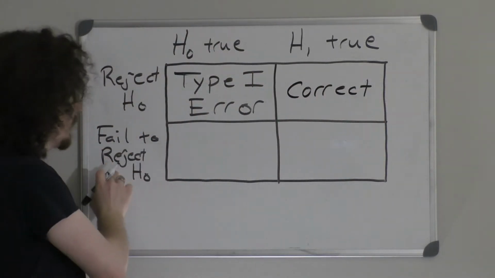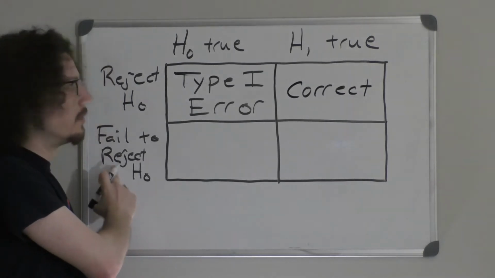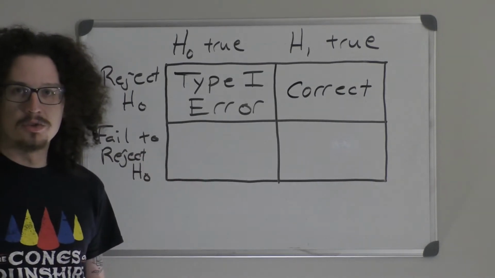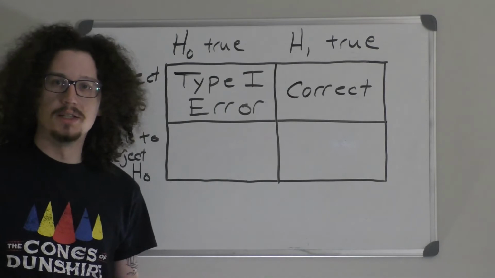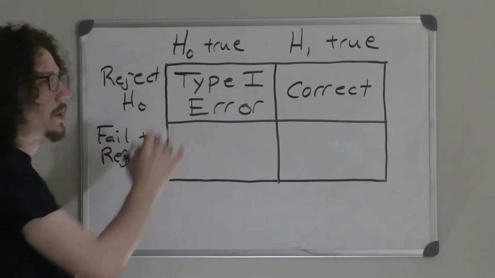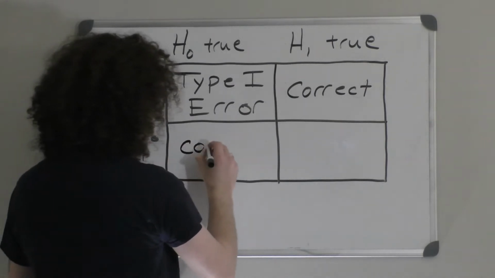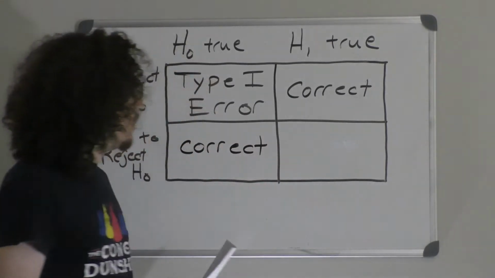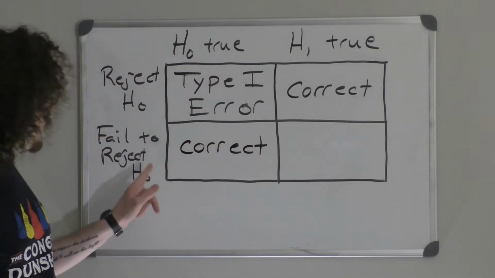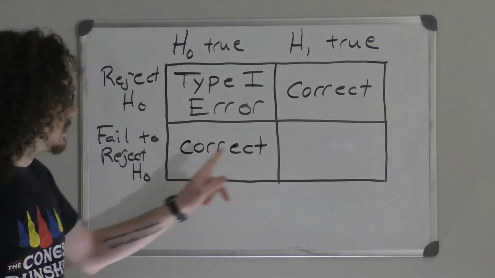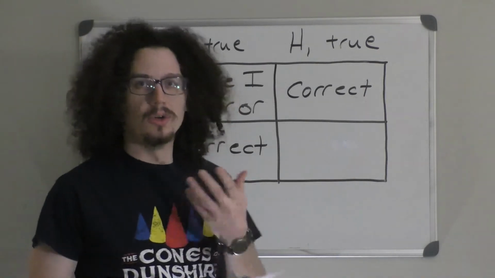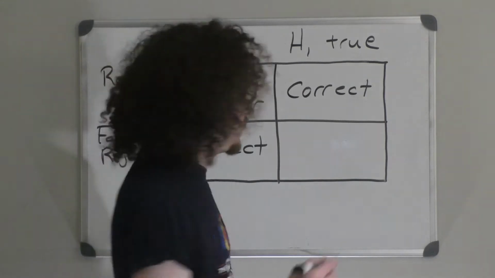If we fail to reject the null hypothesis when the null hypothesis is true, that's also a correct decision. The null hypothesis is true, so why would we want to reject it? And then finally, if we fail to reject the null hypothesis when the alternative is true, this is when we would make a type 2 error.